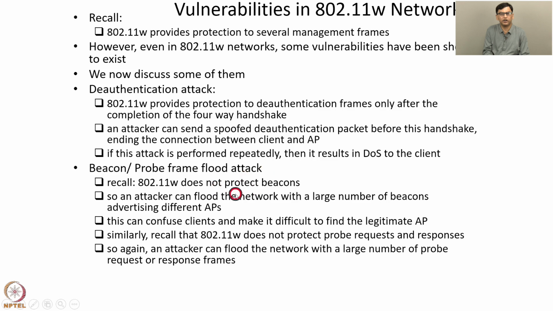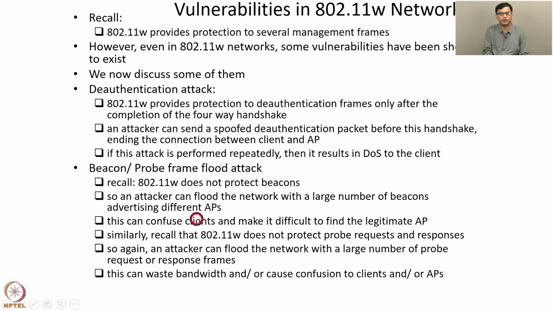Again, an attacker can flood the network with a large number of probe requests or response frames, and this will again confuse clients and make it difficult to find the legitimate access point. So these attacks on beacon frames and probe request and response frames are possible because they are not protected using management frame protection.